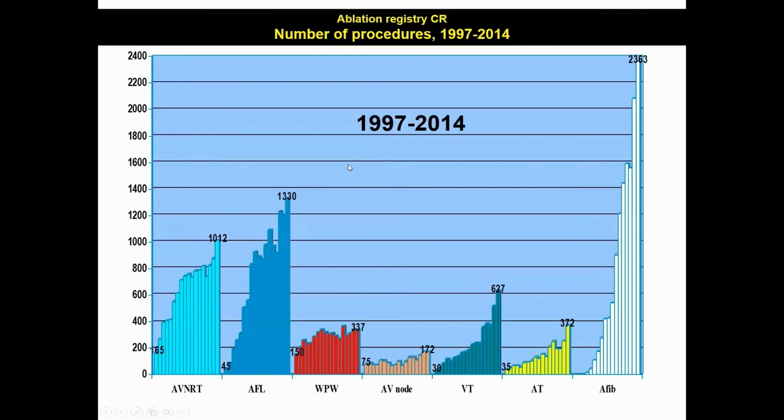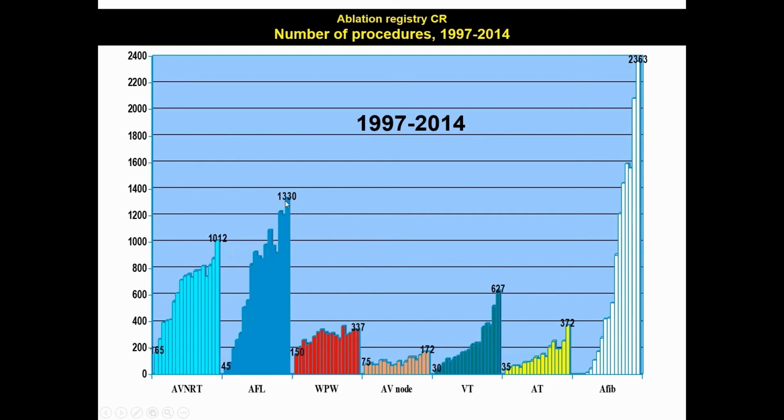At the beginning in '97, the main indications for ablation were AVNRT, accessory pathway, and then some cases of AV node, flutter, VT, and atrial tachycardia, and at the time, no curative AFib ablation. From 2000 to 2014, the number of AVNRT increased.